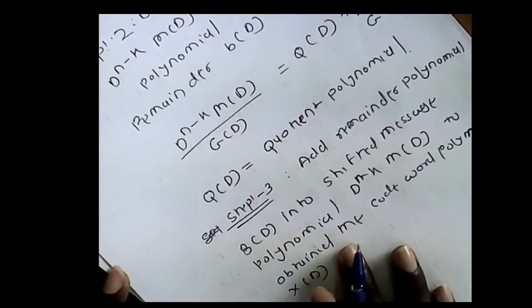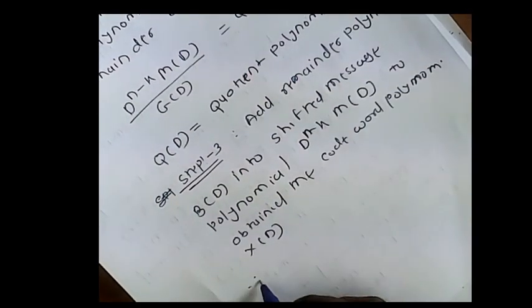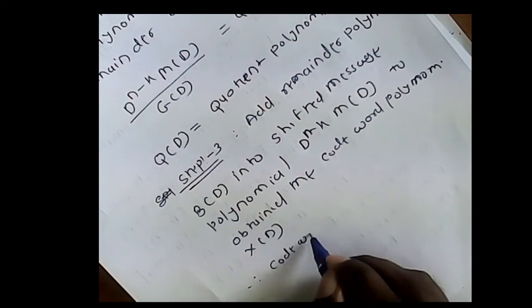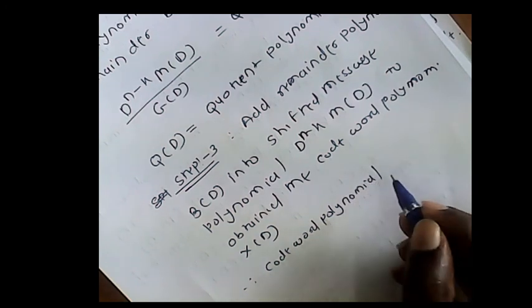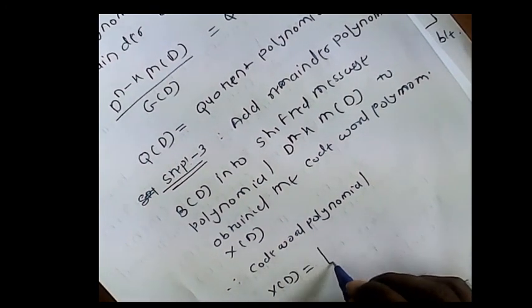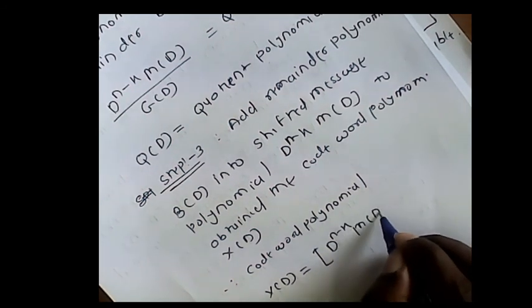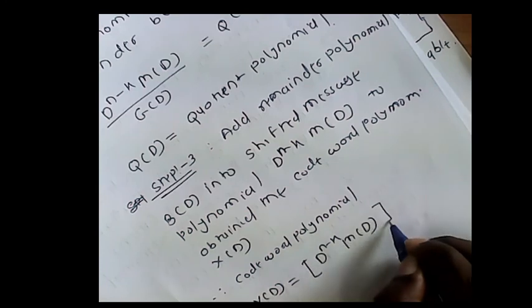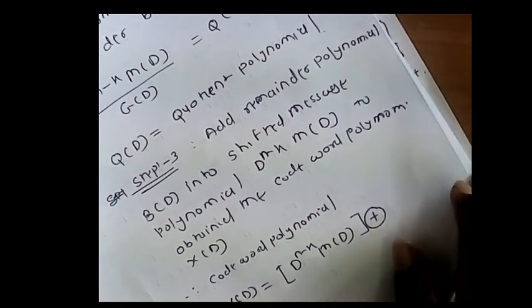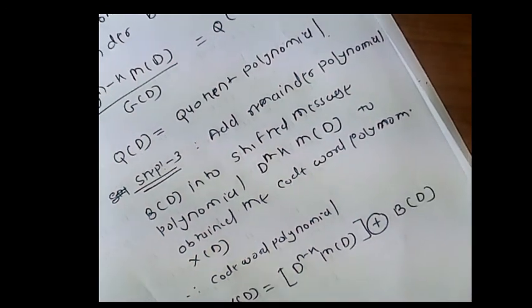We can write it in equation format like this: the systematic code word polynomial x of d is equal to d raised to power n minus k into m of d, added to the remainder polynomial b of d.